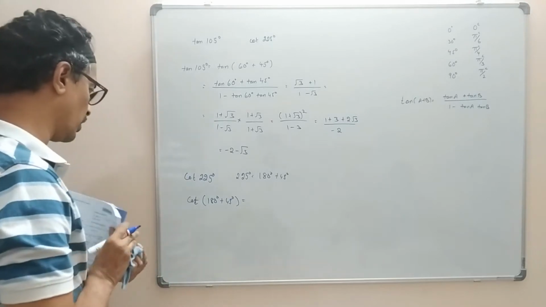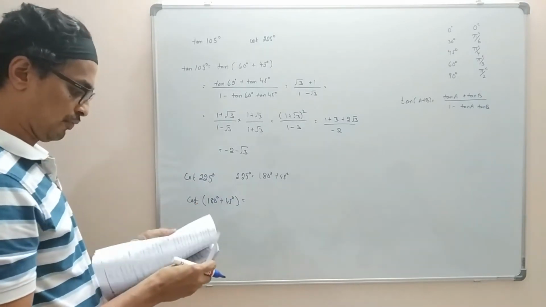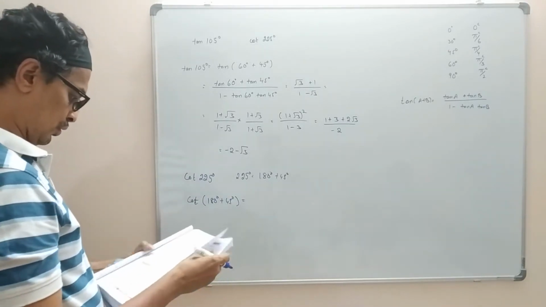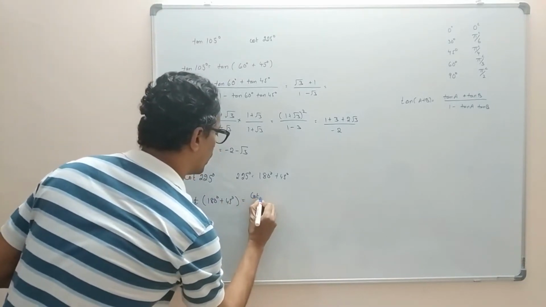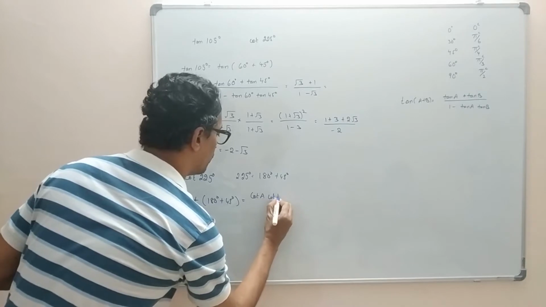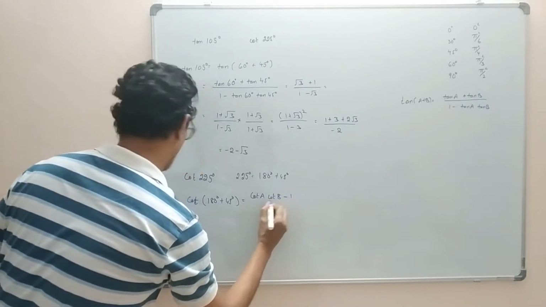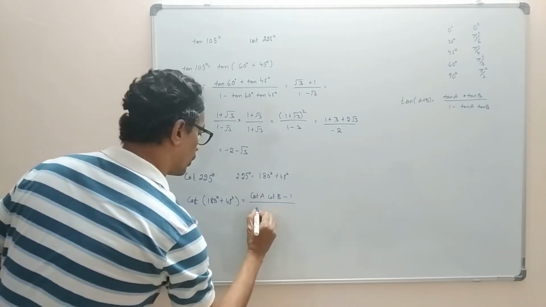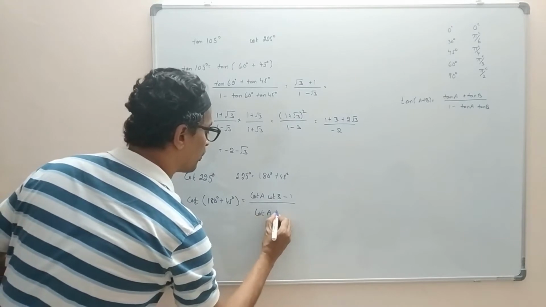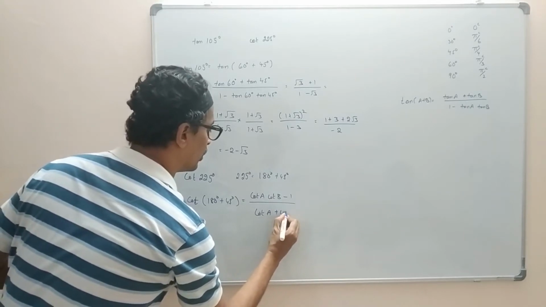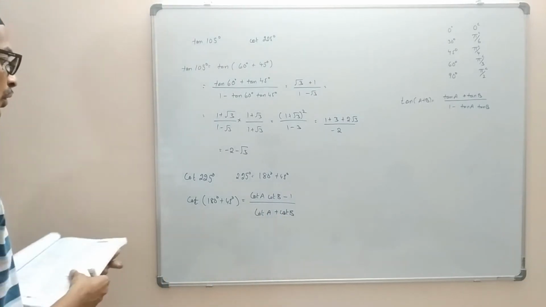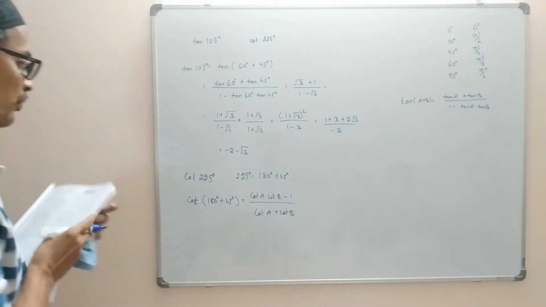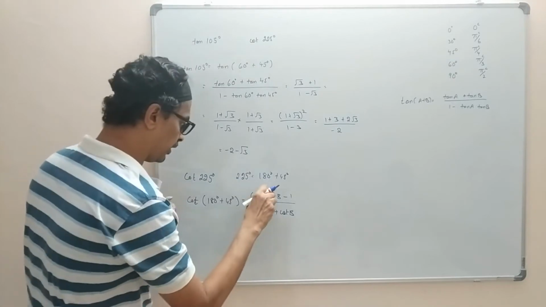What is the formula for cot A plus B? Yes. Cot A plus B equals cot A cot B minus 1 divided by cot A plus cot B. Okay? So A equals 180 degree, correct?